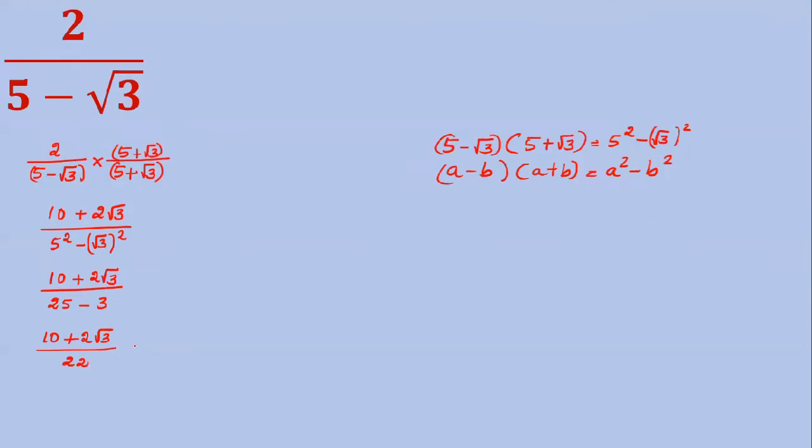You can simplify this because there is a common factor in the numerator. 10 and 2 are divisible by 2. So take 2 outside. 2 5s are 10. 5 plus root 3, divided by 22. Now we can cancel 2 and 22. 2 1s are 2, 2 11s are 22. So the remaining is 5 plus root 3 by 11.